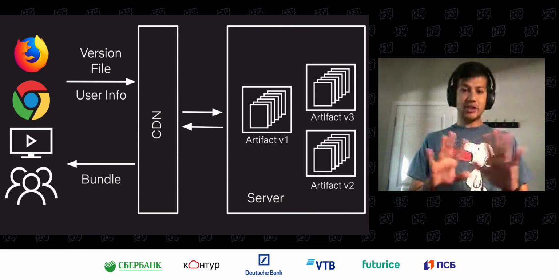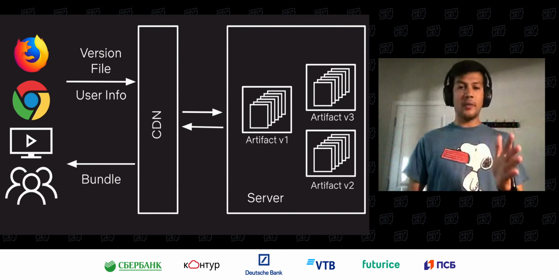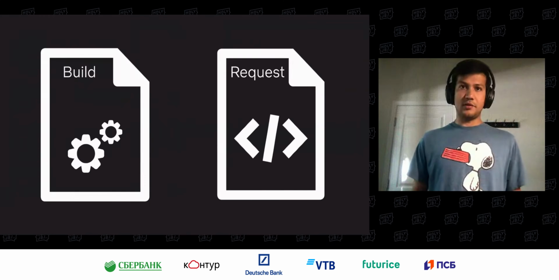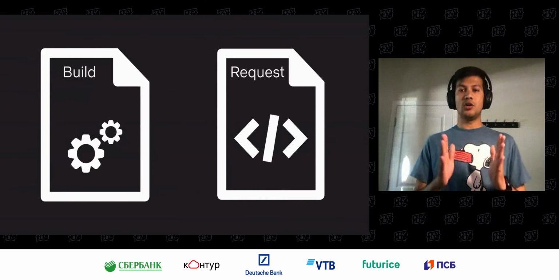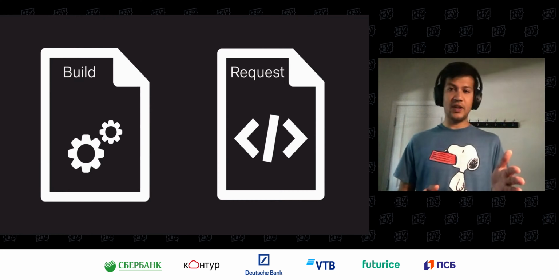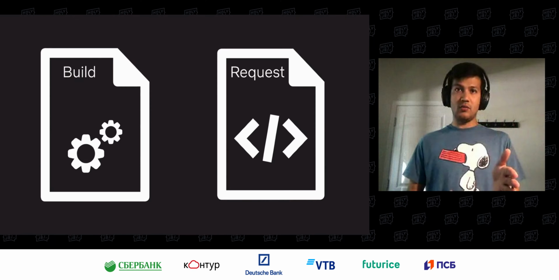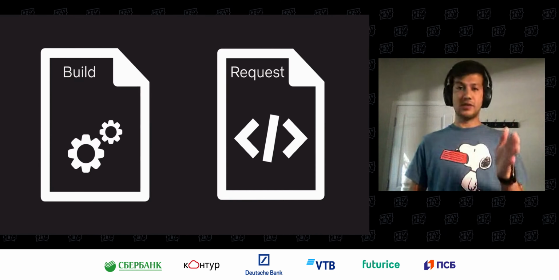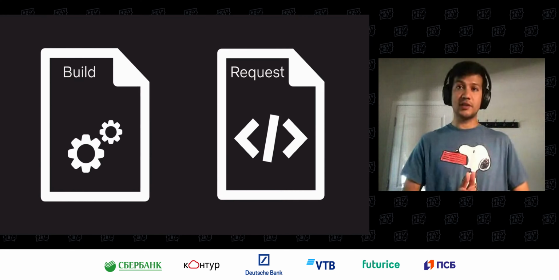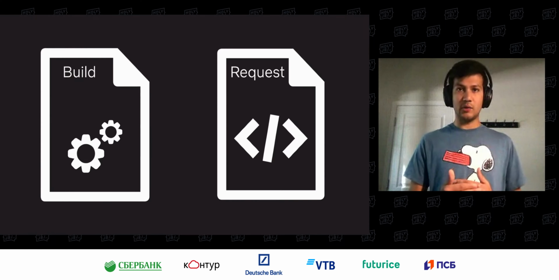So after laying out all our requirements in one place and trying to strawman the solution, we were very clear about one thing: we needed to solve this in two parts. The first was the build part, and the second was the request part. On the build side, we wanted to do some static analysis, figure out all the Boolean flags that our engineers are using, and create some sort of metadata around it.